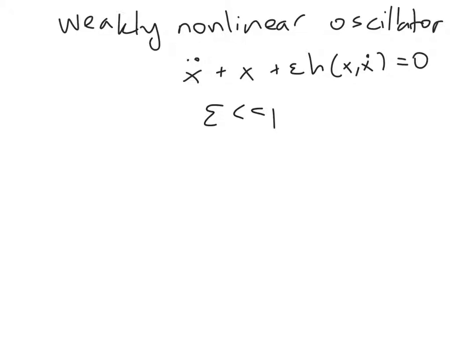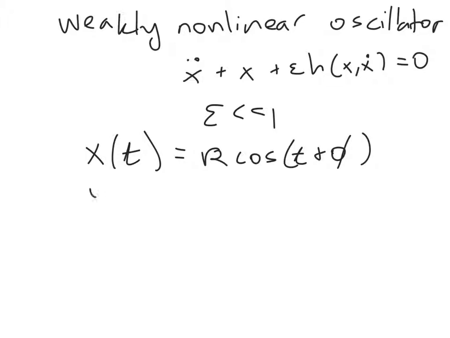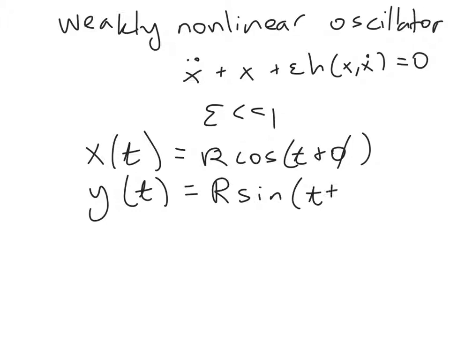Solutions before were of the form x of t equals r cosine of t plus phi. So y of t, which is the derivative of that, would be negative r sine of t plus phi. And if we draw these in the phase plane, we expect to just be going around circles.